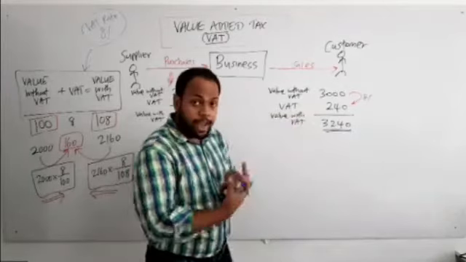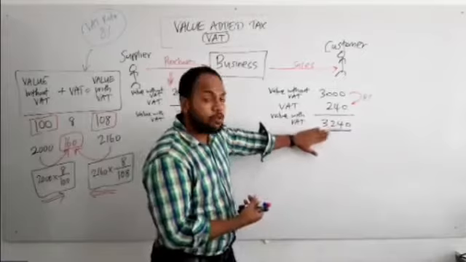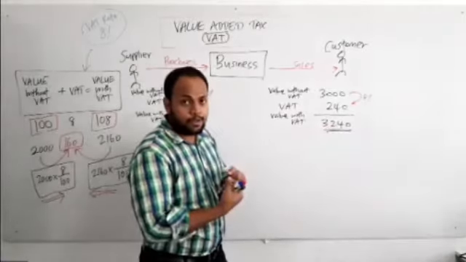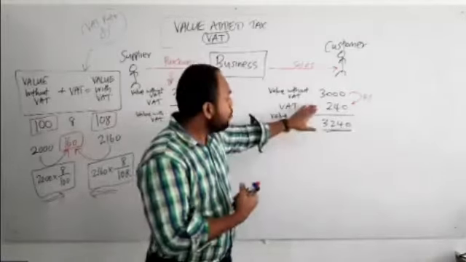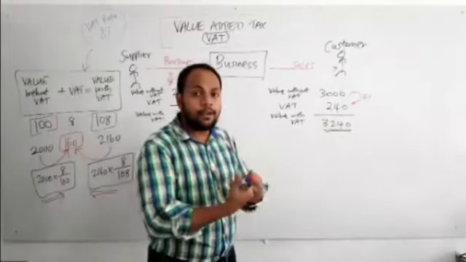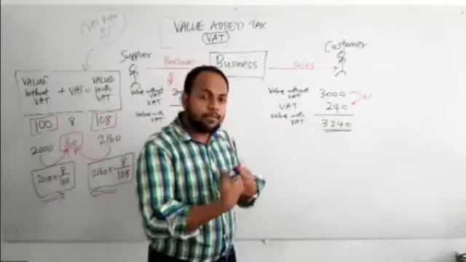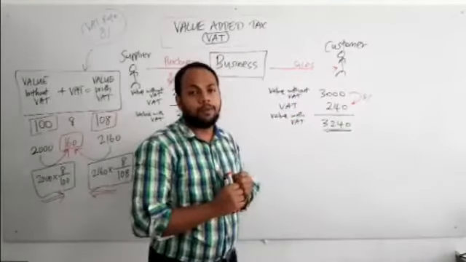But we receive cash. The business received from the customer 3240. Even though we received 3240, 240 does not belong to us. It is VAT. The business must pay this VAT to the VAT department in London.